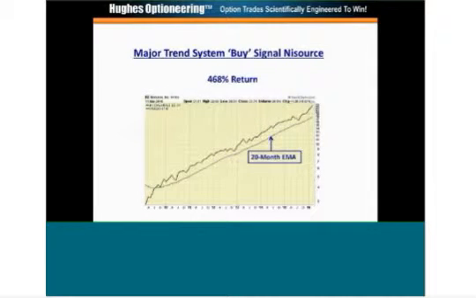This stock went on a buy signal right here at around $4, and we can see that since then, the total return for this stock since this buy signal has been 468%.